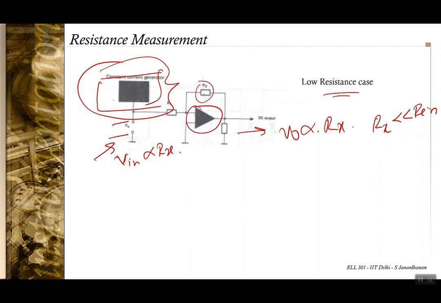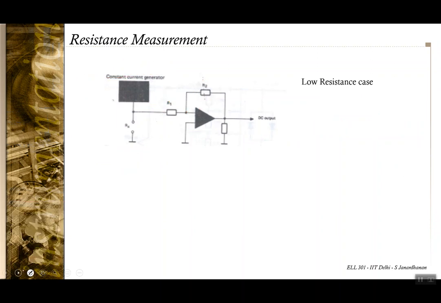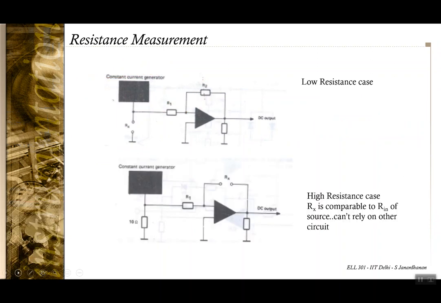However, when Rx is comparable, not really approximately equal to, but comparable to Rn, then this sort of circuitry is not going to be useful. So a slight modification has to be done. In this case, you use a low resistance here and shift the unknown resistance here.